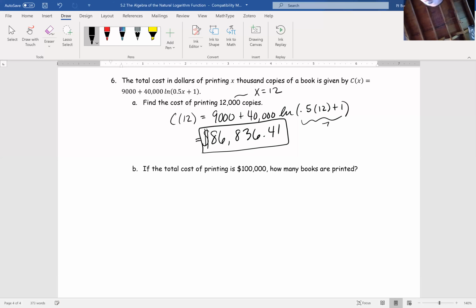All right, if the total cost of printing is $100,000, how many books were printed? Okay, so we set that 100,000 equal to the cost function. This time, I'm trying to solve for x.